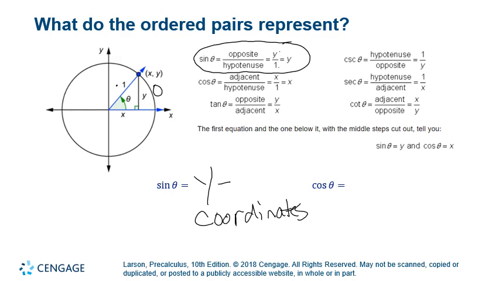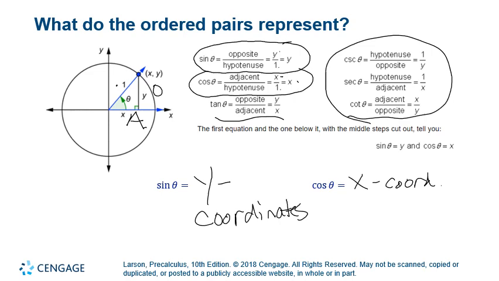Similarly, for cosine, cosine is adjacent over hypotenuse. Here's our adjacent side on the x side. So adjacent is x, and hypotenuse is 1. X over 1 is just x. So these are our x coordinates. And you can get the other trig ratios just as we've been doing, taking the reciprocal and taking the quotient.